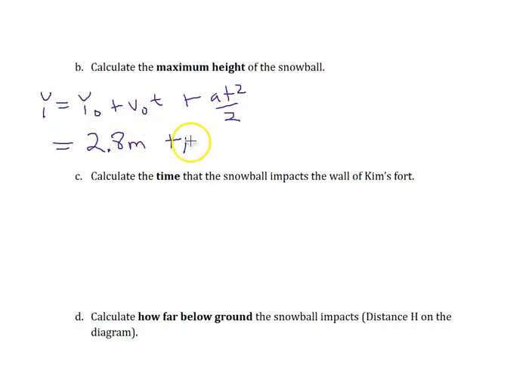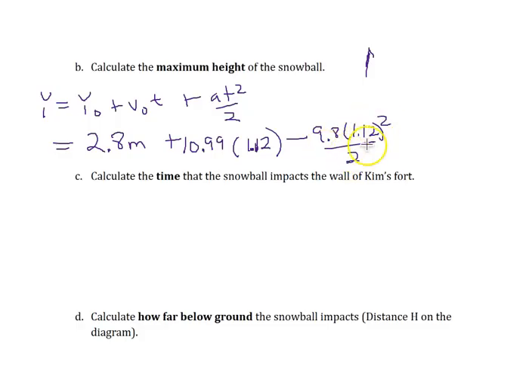Again, only use the vertical speed here because that's the only part that can carry you up. And we're going to plug in the time that we found, 1.12 minus 9.8 times 1.12 squared over 2. And that is 8.96 meters.